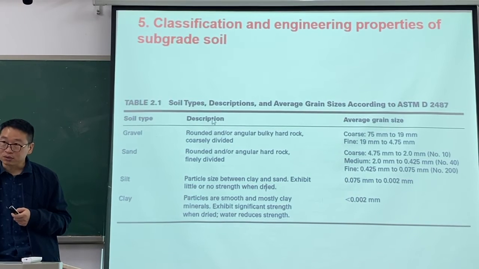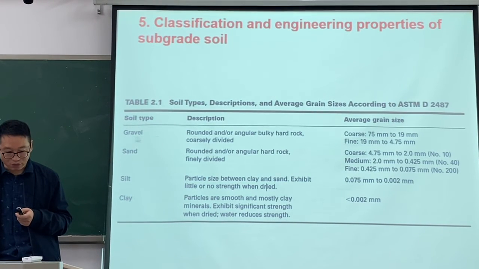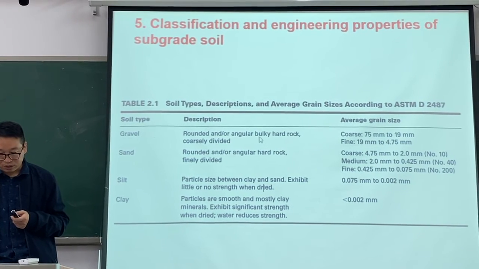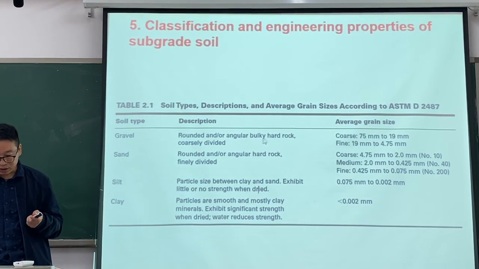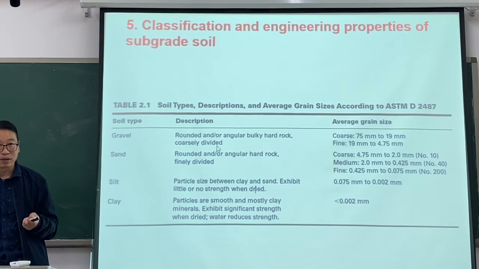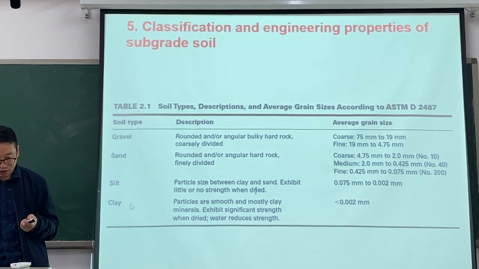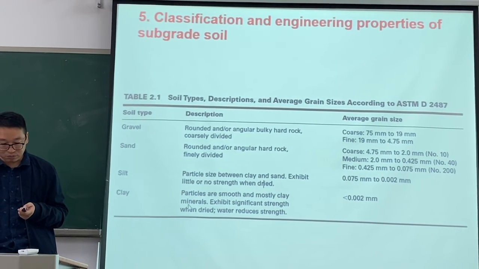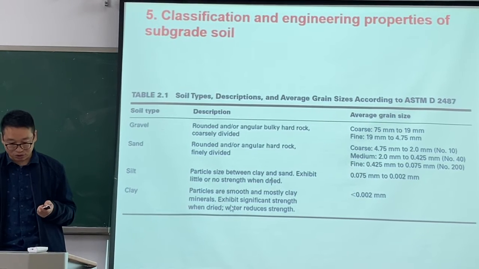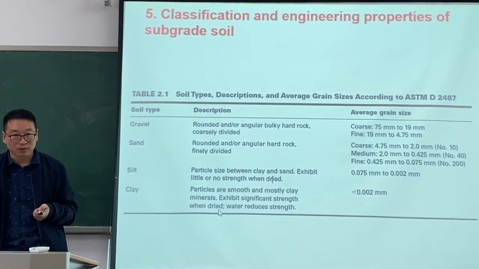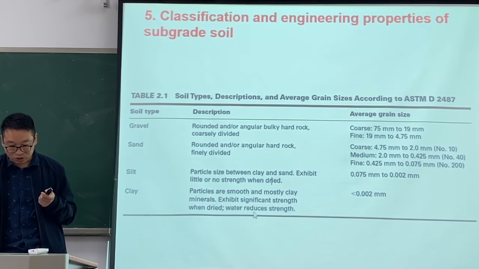Gravel is rounded or angular, bulky hard rock. Clay particles are smooth, with significant strength when dry, and water reduces the strength.